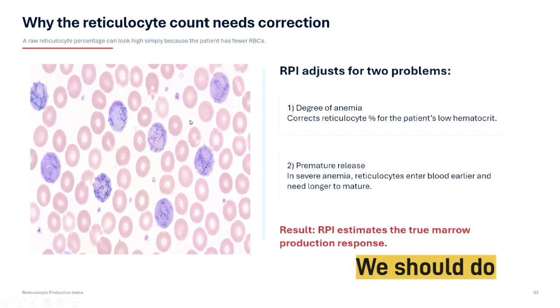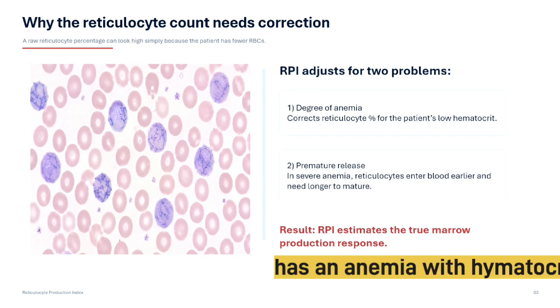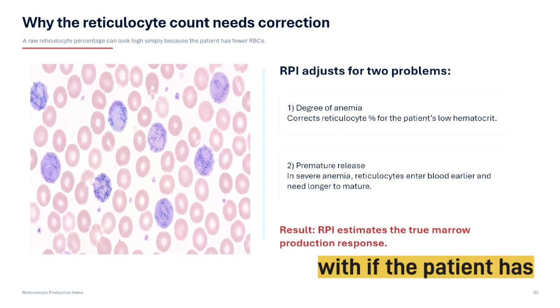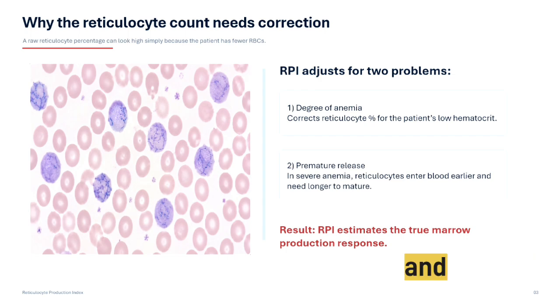reticulocytosis, we should do two adjustments. One for the degree of anemia, because when the patient, for example, has an anemia with hematocrit 25, the reticulocyte count is different from when the patient has a hematocrit of, for example, 15.